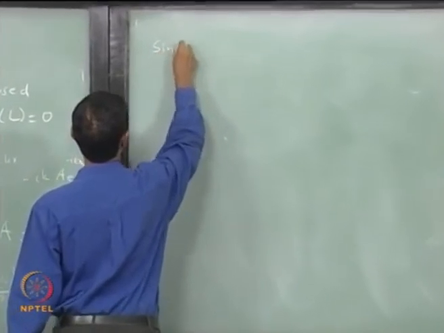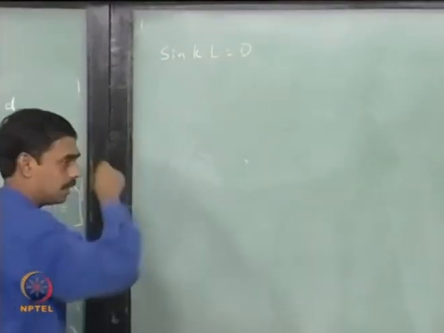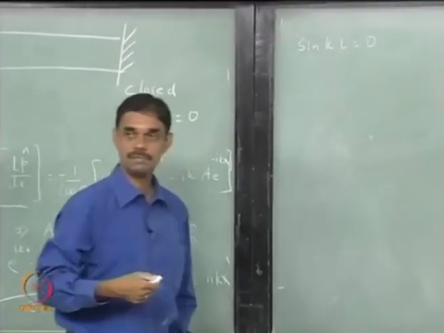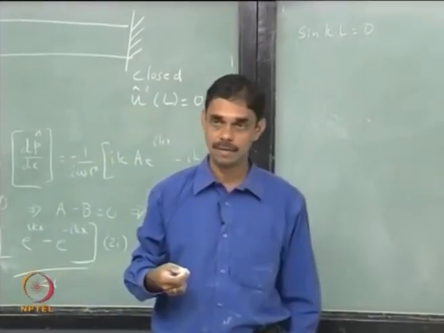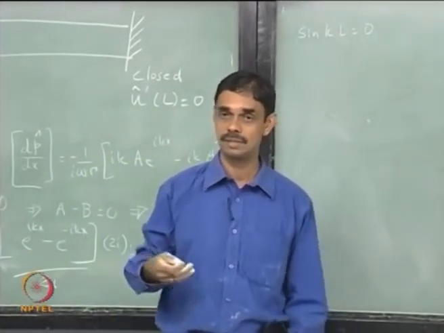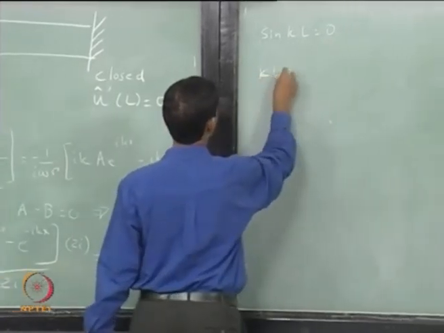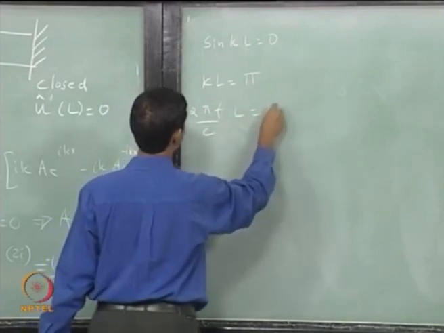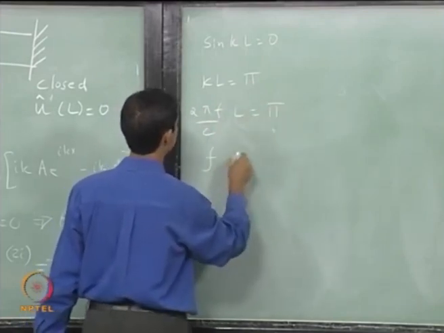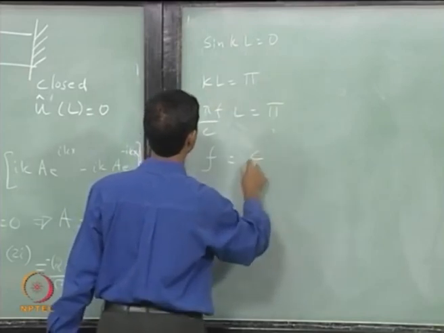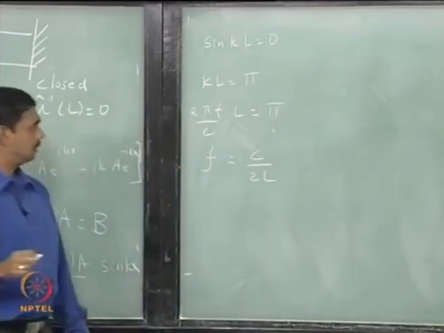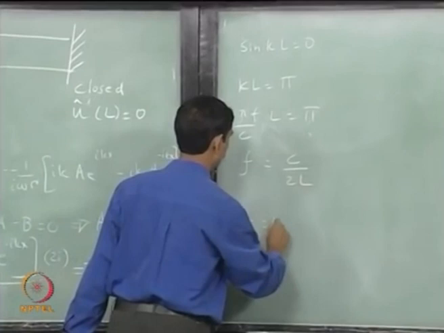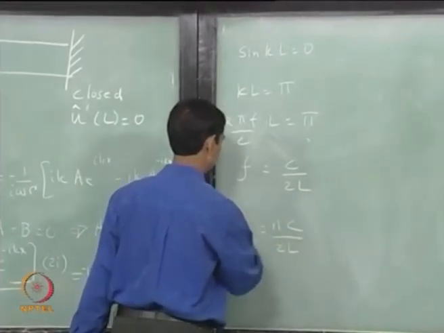So we should get sin kL equal to 0, and let us look when sin kL will be 0 first. When is the first root of sin equal to 0? No, the next one, that is too trivial. Pi. So kL equal to pi, k is 2 pi f over c, L equal to pi, or f is equal to c over 2L, and the general formula would be f equal to nc over 2L.